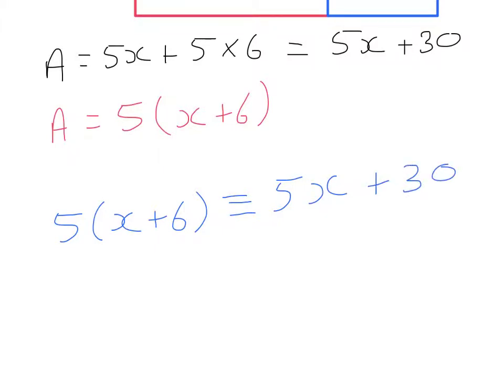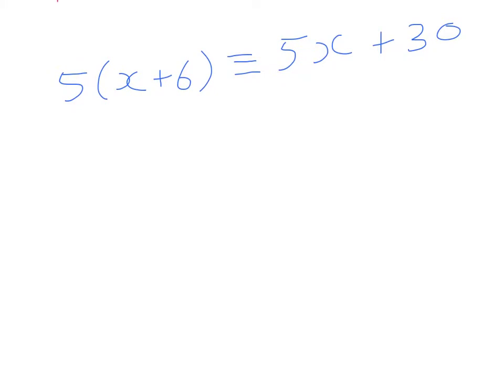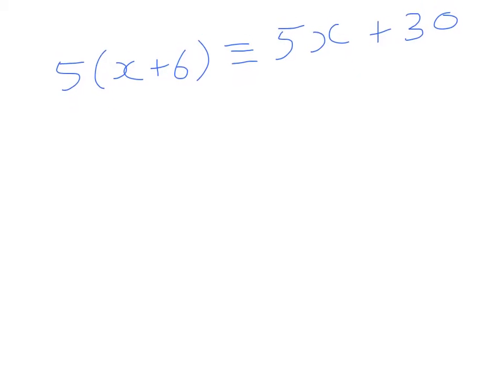These expressions, this one on the left and this one on the right, they represent the same number, the same value, the same quantity. They just look different. They're written in a different form. And we know this thanks to the distributive property.